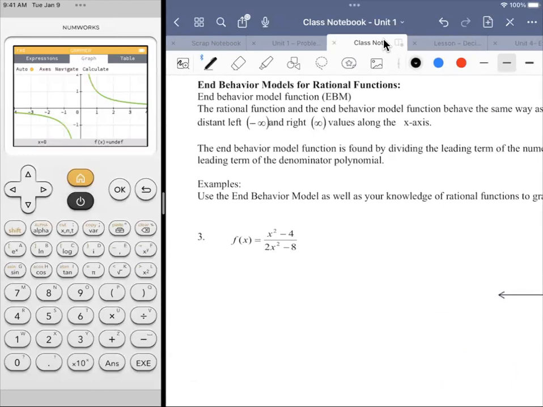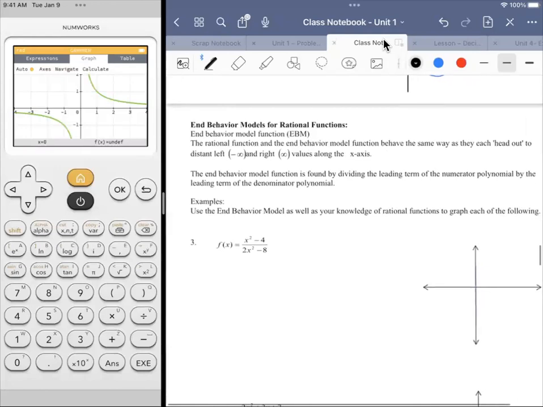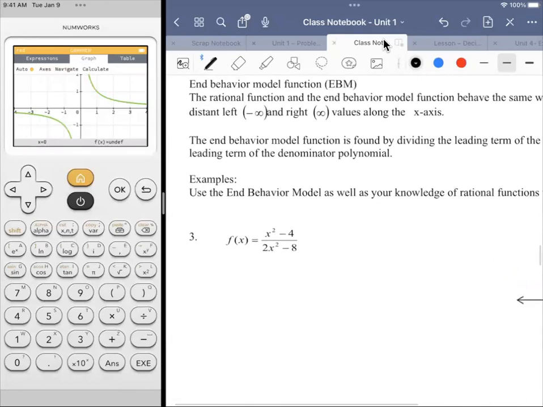So it's already in proper descending order. So that's good. If I want to determine the horizontal asymptote, I would take the highest power on the top and the highest power on the bottom and see how they relate to one another.